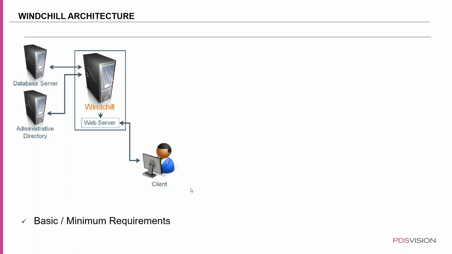You basically need a database server, an administrative directory, which is normally referred to as an LDAP, and then you need the Windchill application itself. The Windchill application would have a web server that would basically render information out to the client.